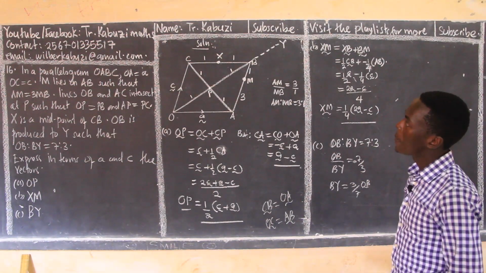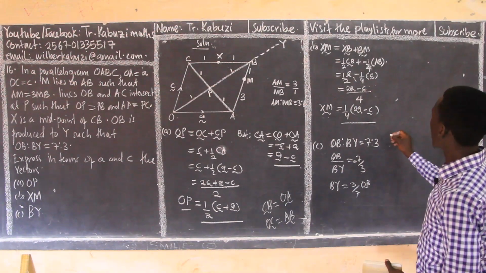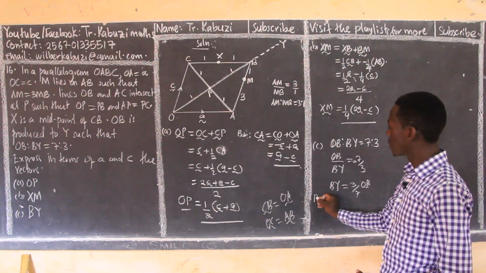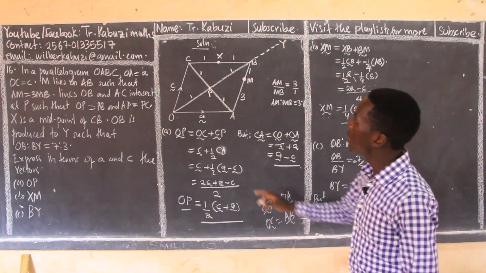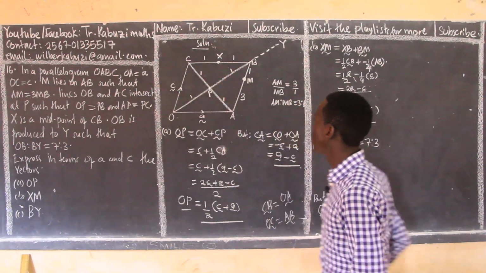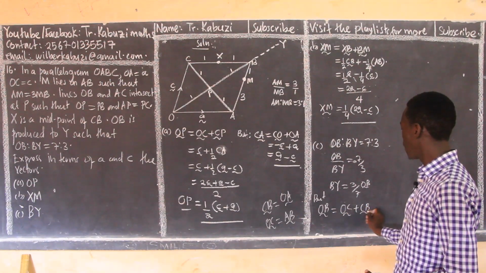But where is our OB? You see my OB is here. So now I can say my OB is going to be OC plus CB. OC plus CB.